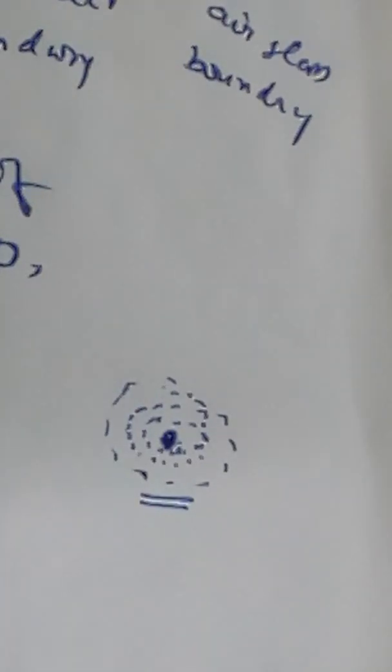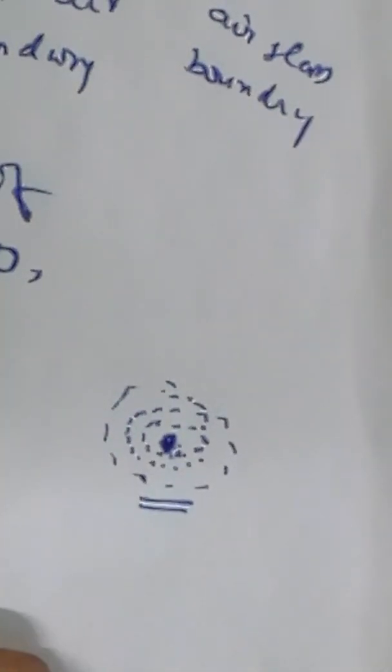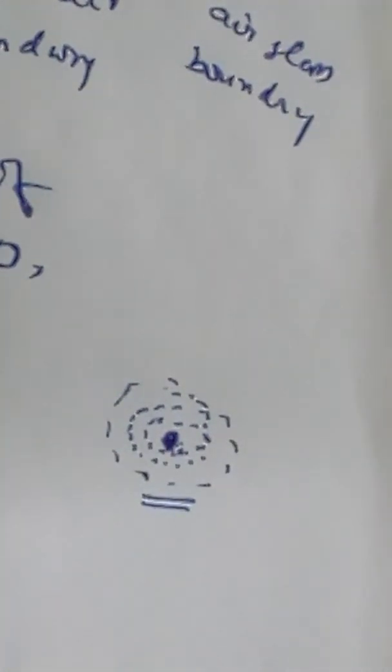Now we have to understand how we can calculate the diameters of both dark ring and bright ring with the help of a small theoretical concept. Now I want to find out the diameters of both dark and bright rings.